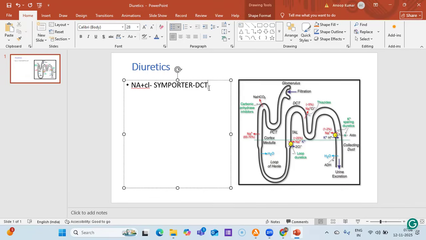So the potassium sparing diuretic drugs are amiloride and triamterene. These are some sodium channel blockers and potassium sparing diuretics, right?